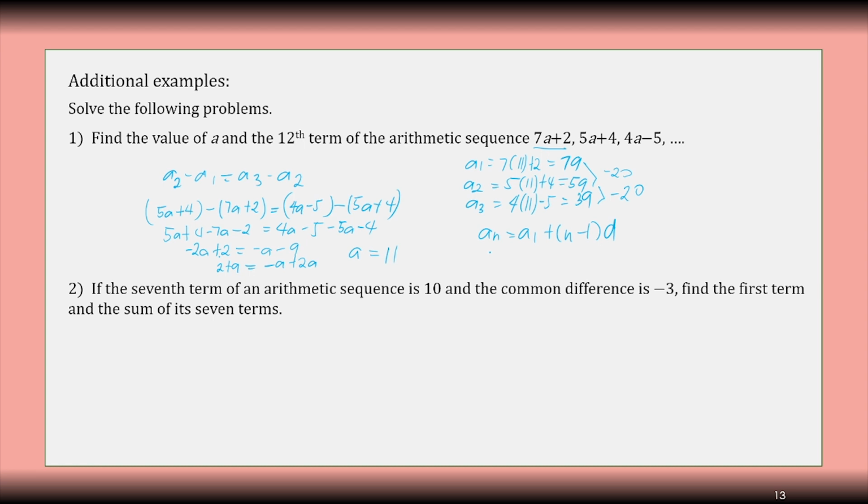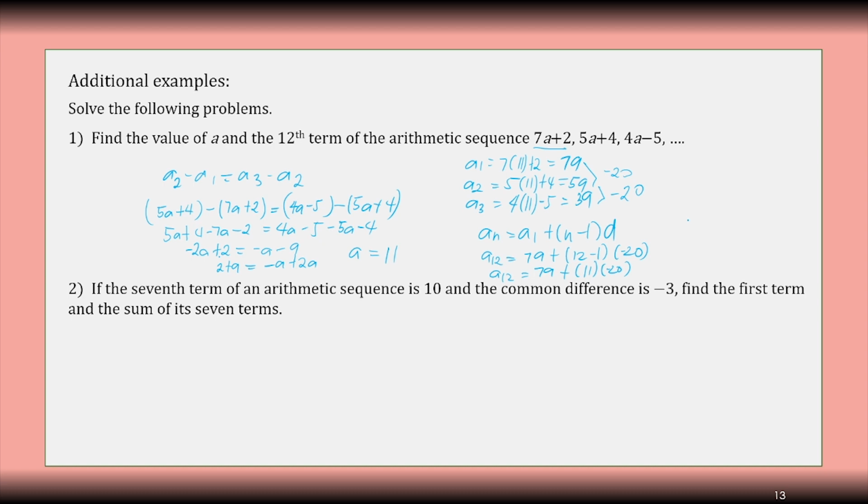So, ang A sub n natin is yung ating 12. So, A sub 12 is equals to A sub 1 is 79 plus n natin is 12 minus 1 times the common difference is negative 20. So, A sub 12 natin is 79 plus 11 times negative 20.